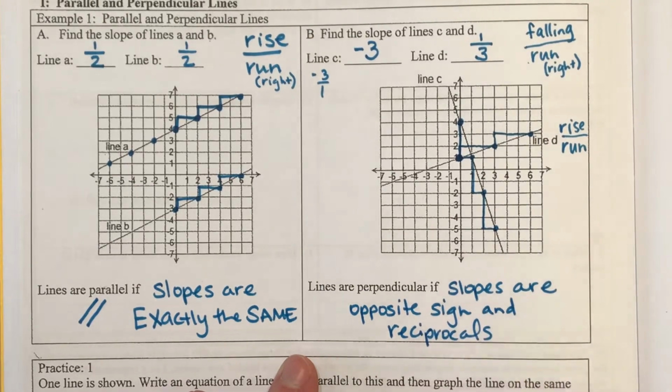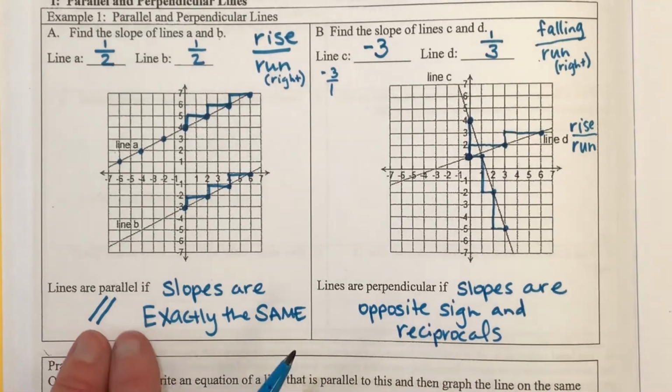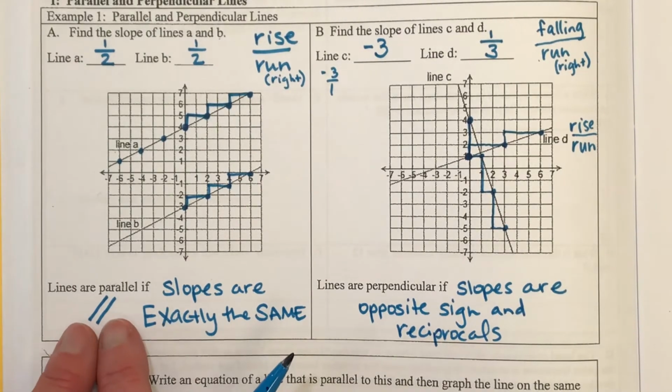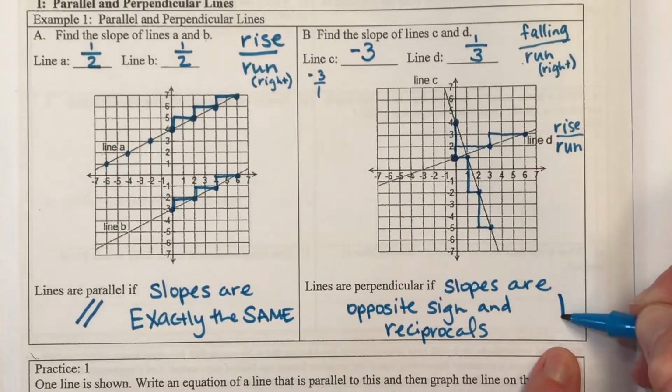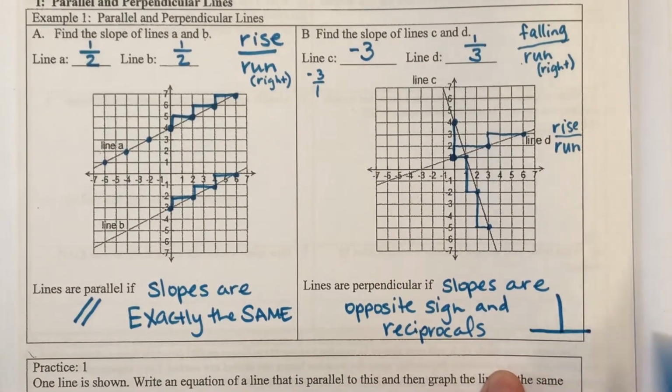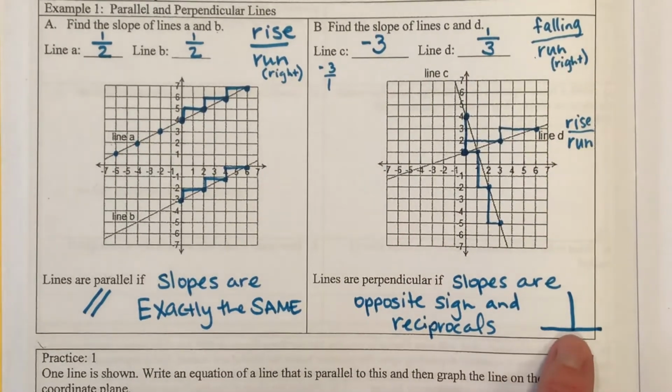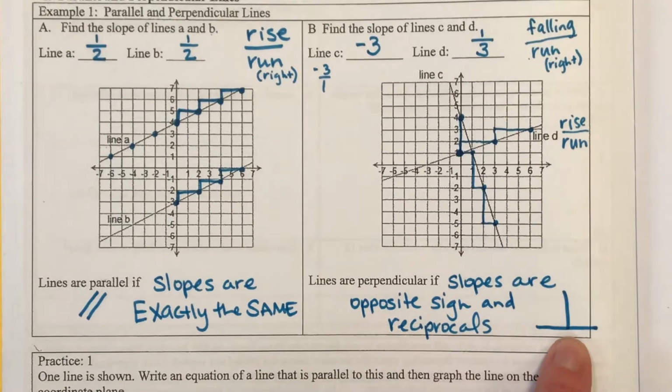So, opposite sign and reciprocals. Now I noted over here that parallel lines is sometimes labeled like this in terms of picture format, and perpendicular lines are often denoted like this, kind of with an upside down T, if you will.